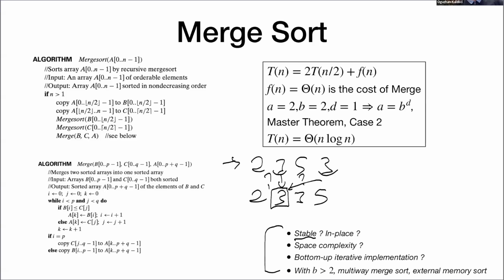Because you don't know. Stable sort means if there are equal elements in the input sequence, then their order of appearance in the sorted sequence is exactly the same as their order of appearance in the input sequence. So that means this 3 is this one, since that appears before, and this 3 is the second 3.